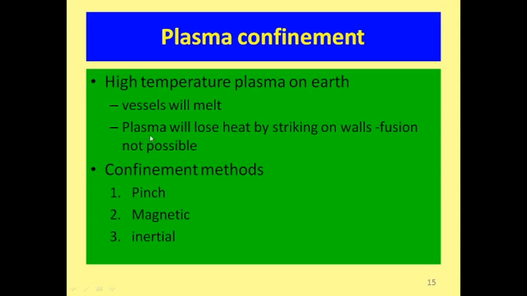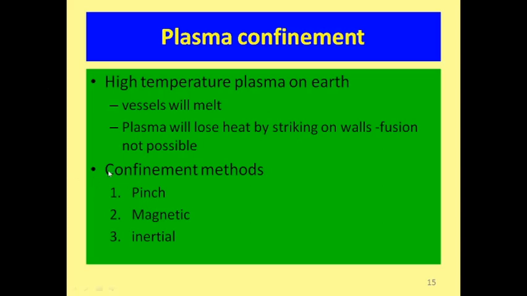And another problem: suppose you have just invented a material with a melting point higher than the plasma temperature, there will still be an issue. Plasma will lose heat by striking the walls. When there is a wall, plasma will strike it, and there will be scattering losses, energy losses, and fusion is not possible. So there must be some other confinement methods.